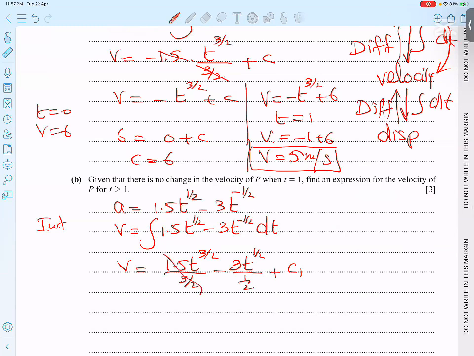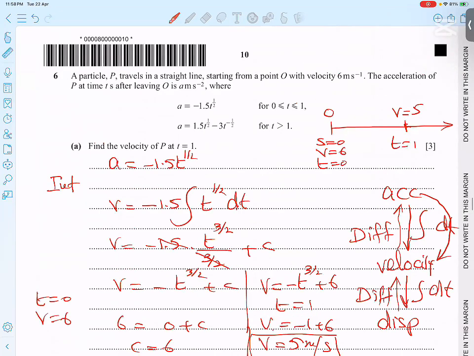This basically cancels. V equals t to the power 3 by 2. And this will flip, because 3 over 1 over 2 flips and becomes 6. So 6 root t plus c1. So you know, students, very clear, we know when time is 1, velocity is 5.